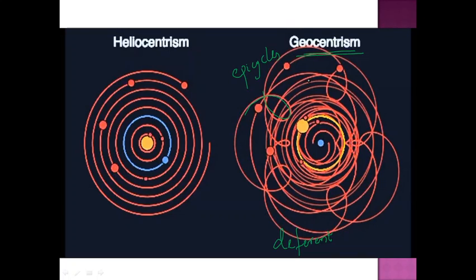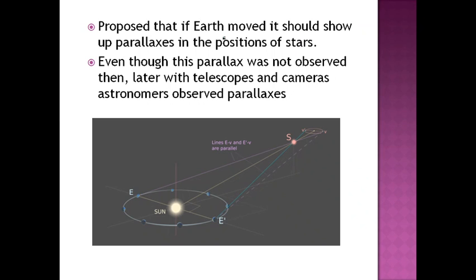This complicated model is much simplified in the heliocentric model proposed by Copernicus. When the sun is thought to be at the center of the universe or the solar system, we can place all the planets in beautiful circular orbits just around the sun. So a simplification of the model happens when we move from the geocentric system to the heliocentric system.